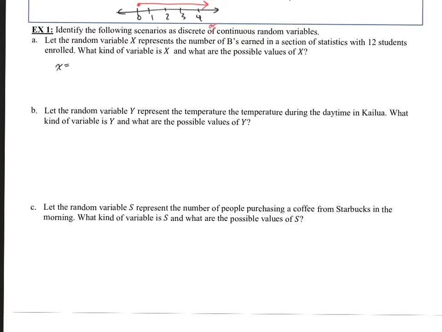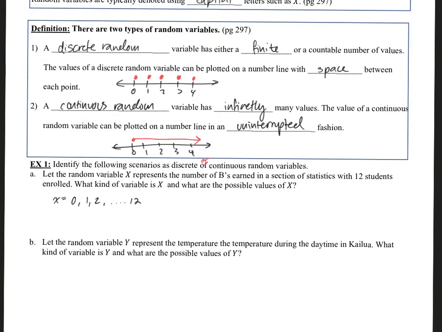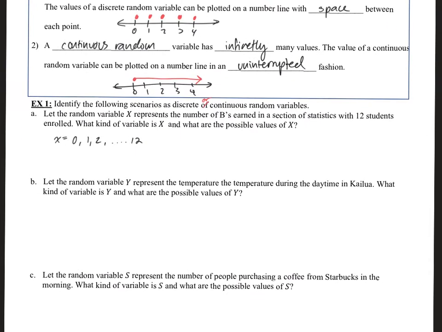Well, x would be, for example, there might be 0 B's in the class. There could be 1 B, 2 B. But could there be infinitely many B's in the class? No, there's only the counting number of B's, right? And the only possible counting numbers are from 0 to 12 B's in total. Okay, so this is a discrete random variable.